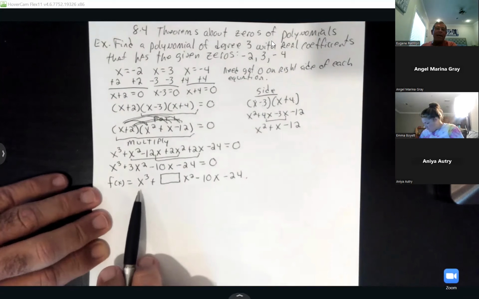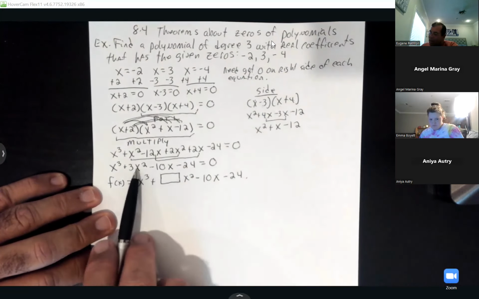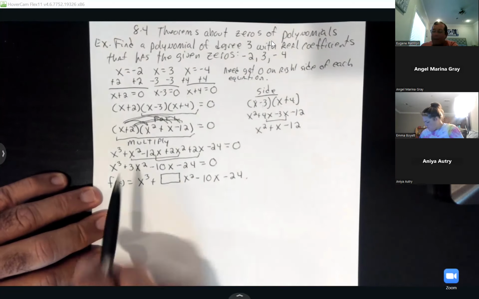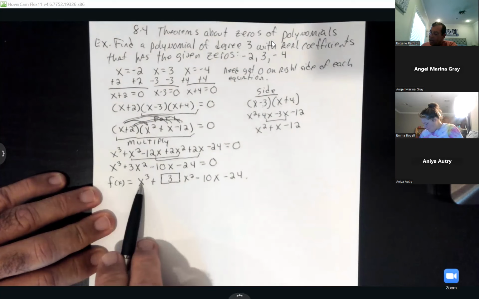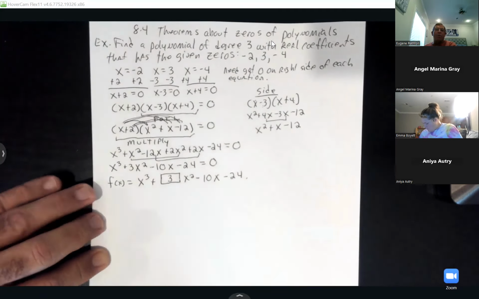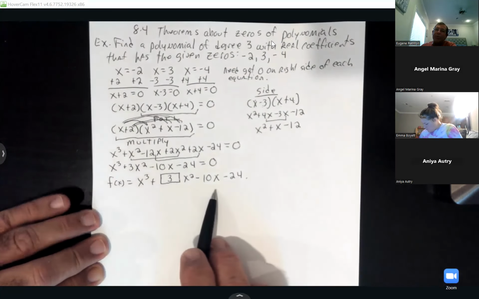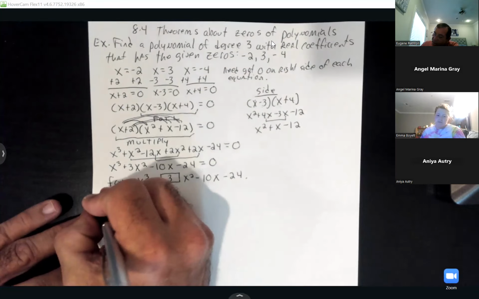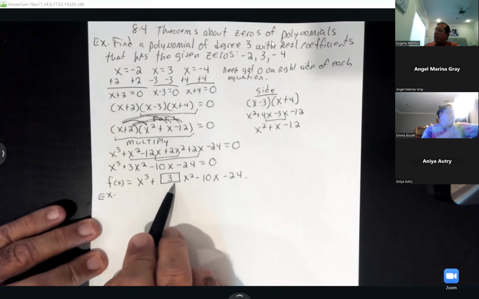So on that one, they gave you most of the answer. All we had to do was come in and put that 3 in the box. So now we got our x to the third, 3x squared, minus 10x, minus 24. So on that one, like I said, MathLab will give you most of the answer. You just got to fill in for whatever's missing on their equation, okay?